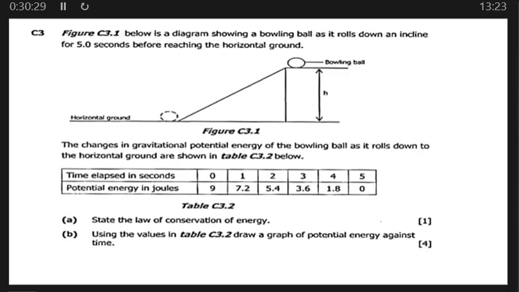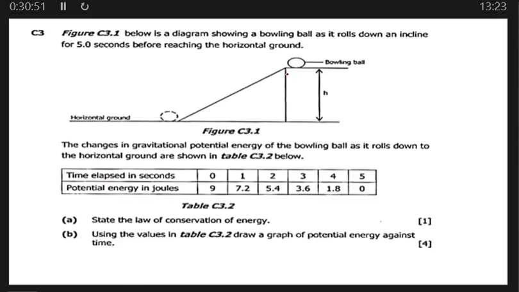So the next question, which is C3, says figure C3.1 below is a diagram showing a bowling ball as it rolls down an incline for 5.06 seconds before reaching the horizontal ground.